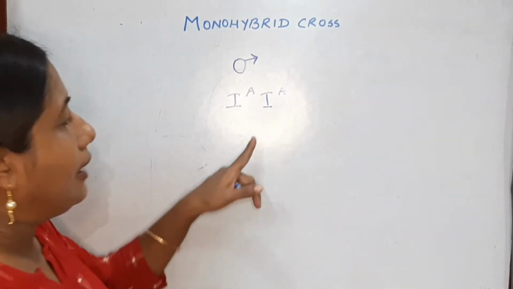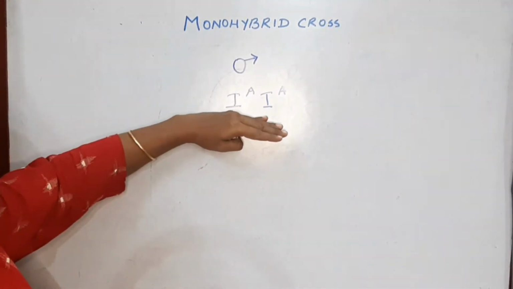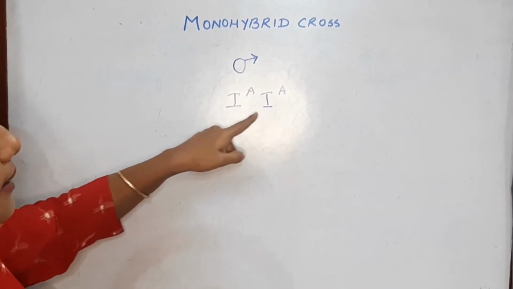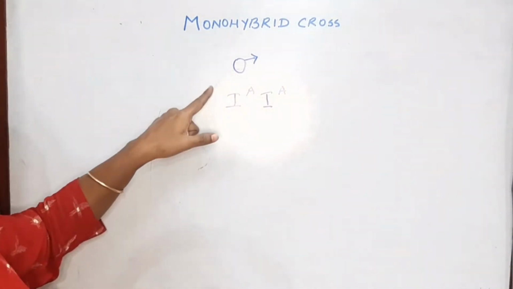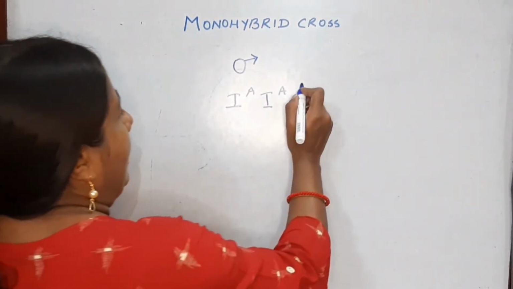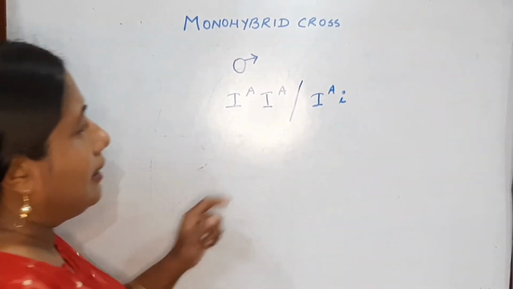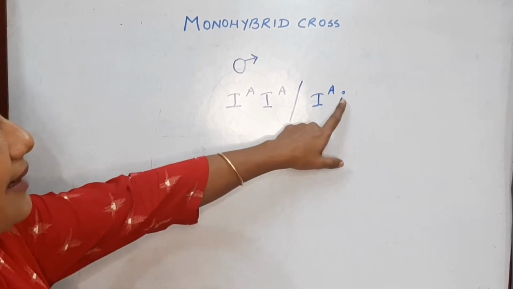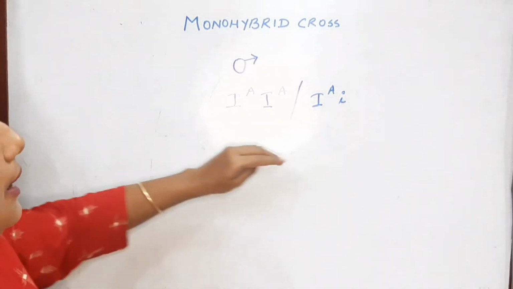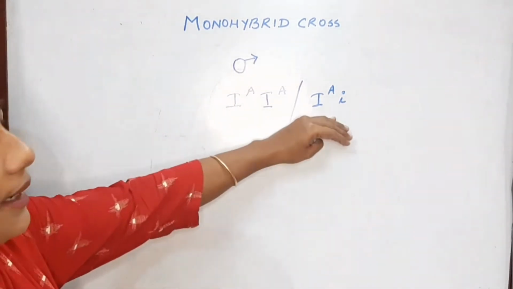So, it will be one probability, that is, the male is homozygous dominant. Or the man can be heterozygous as well, like this. Small i stands for the recessive allele. So, homozygous dominant, heterozygous dominant.